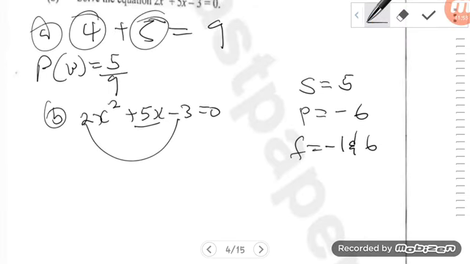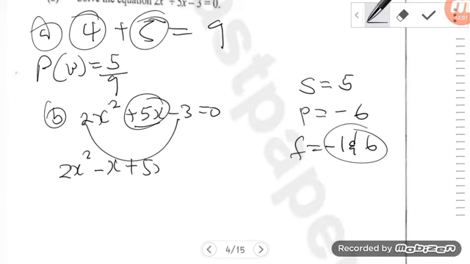So from there, we need to write this in the form of these terms. So 2x squared is the same as negative x plus 6x minus 3 is equal to 0. Then we group them like that and factorize. Here x is common, so we have x times 2x minus 1.